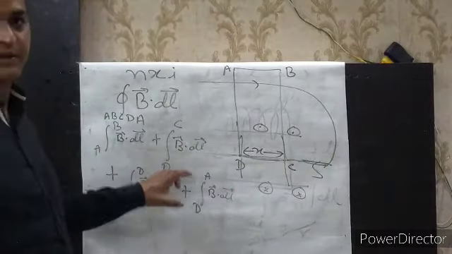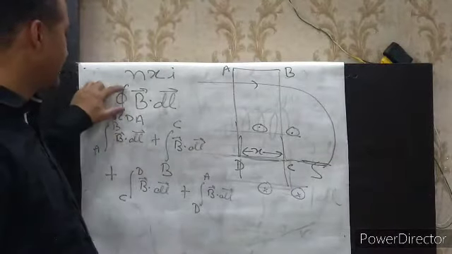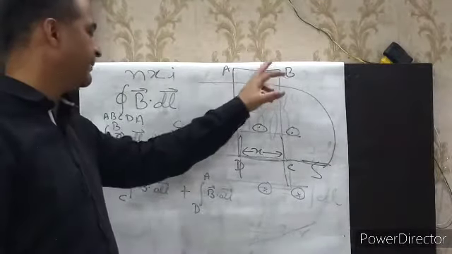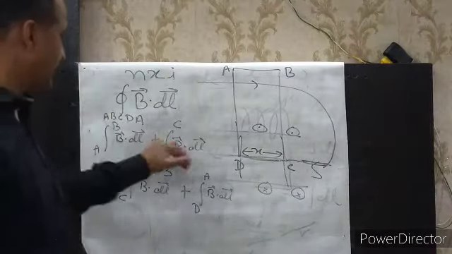Is it clear? We have written the closed integral A, B, C, D, A like this, as A to B, B to C, C to D, D to A. And all these are dot products.